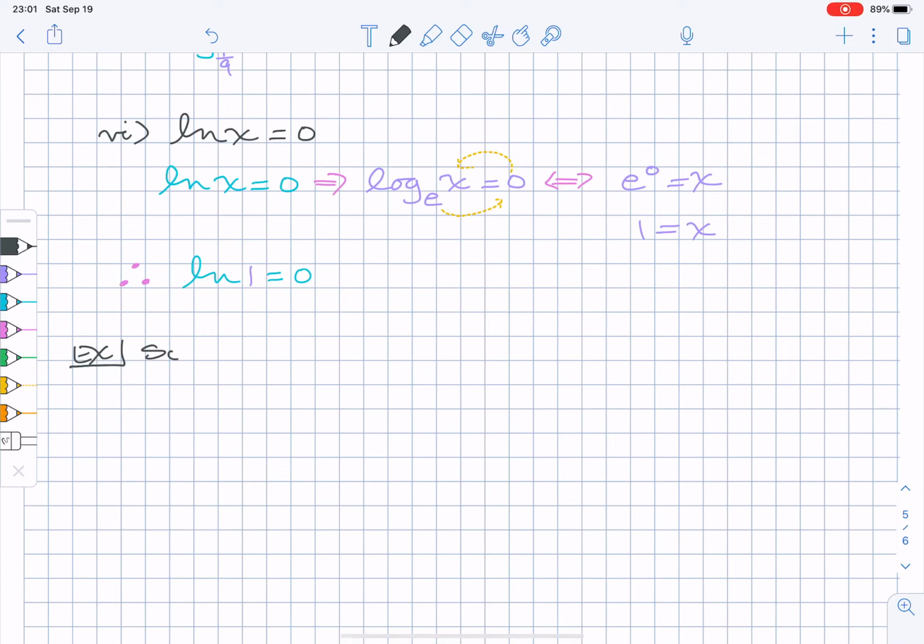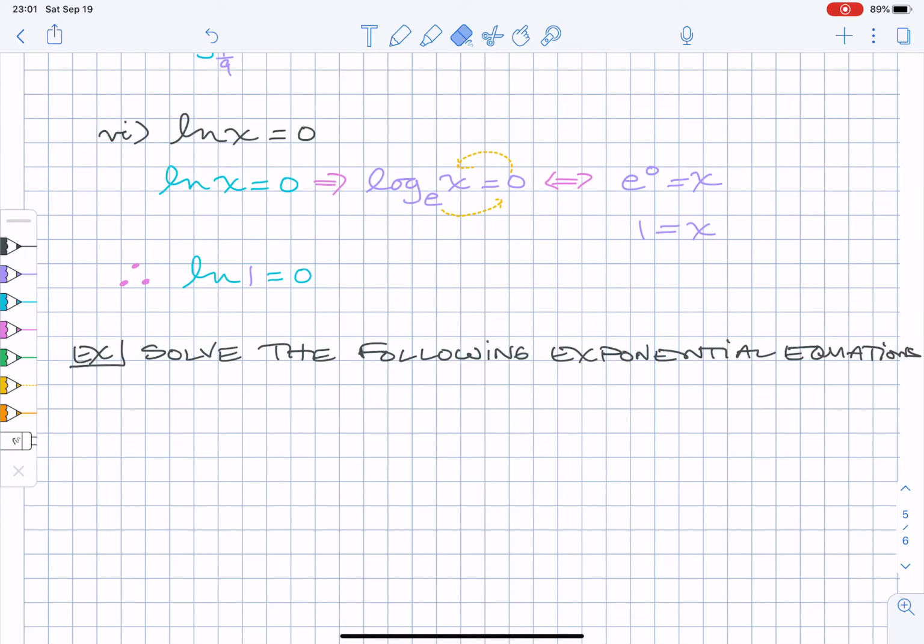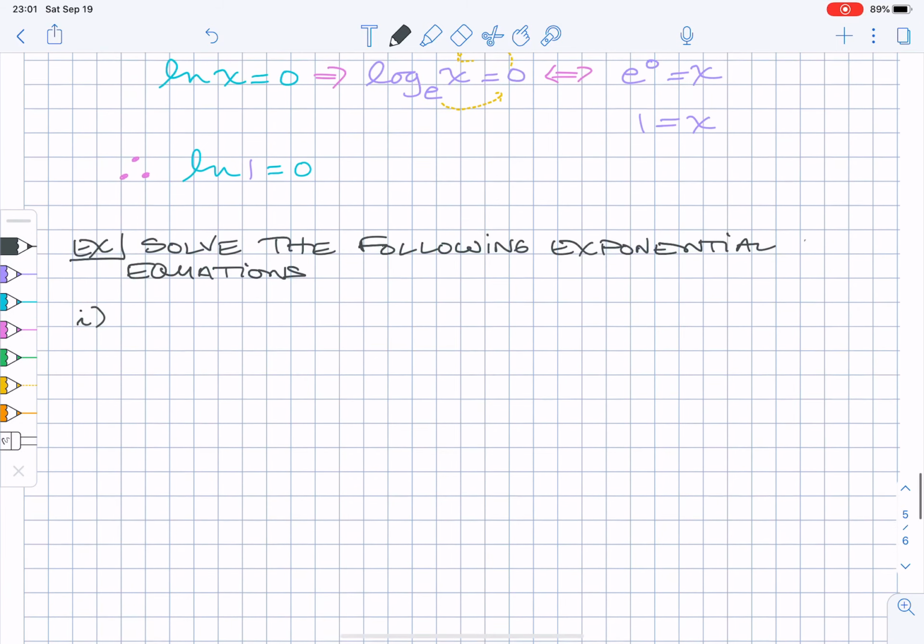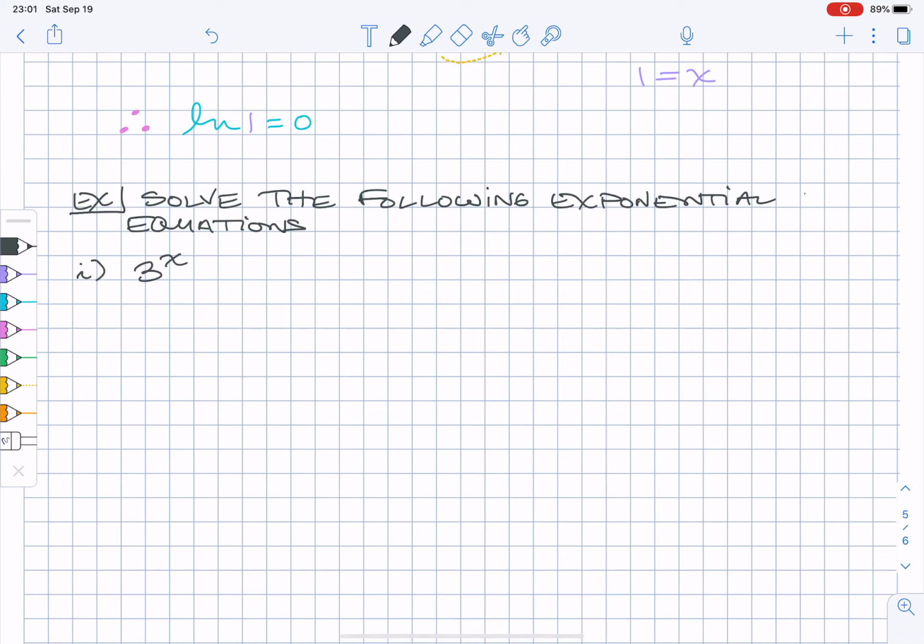Solve the following exponential equations. Okay, so number 1. Let's say we have 3 raised to the x minus 2 is equal to 81.